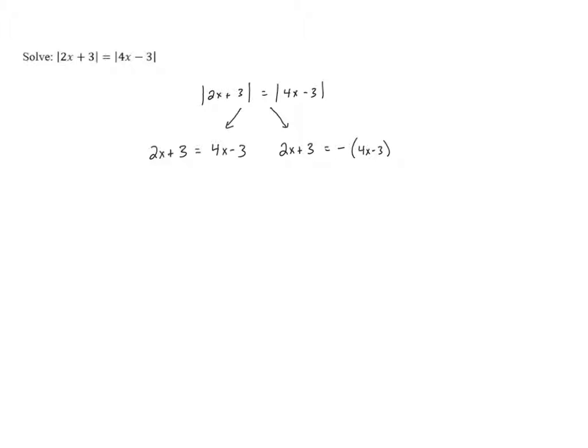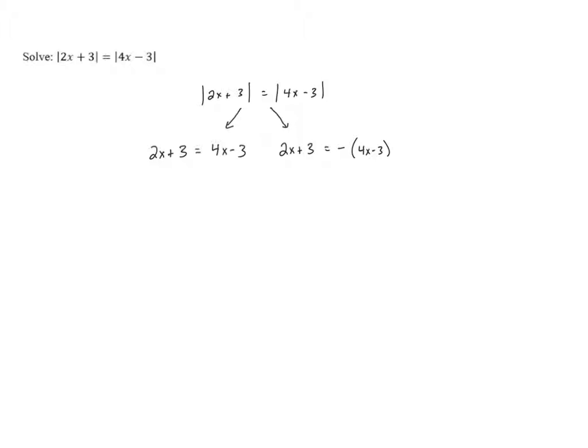And you'll notice that this is very similar to what we did before. Before, when we split it up into two equations, the first equation was the same as the original one, but without the absolute value symbols, and that's still true here. And then the other equation is what we get if we take the opposite of the right-hand side, which is exactly what happens here.